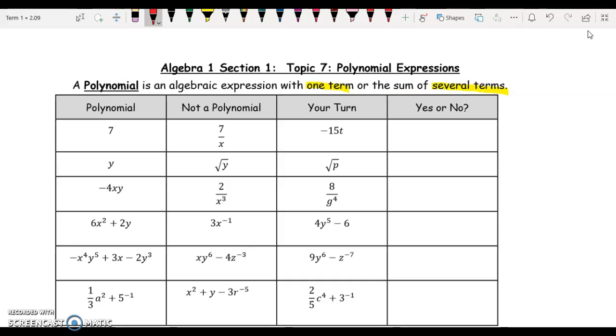So I'd like for you to take just a minute or two, look through this table and recognize the patterns, and then fill out this right-hand column. Based on your observations on the left, do you think that the following, negative 15t, square root of p, 8 divided by g to the fourth, and so on, are polynomials or not? When you're finished, click the play button.